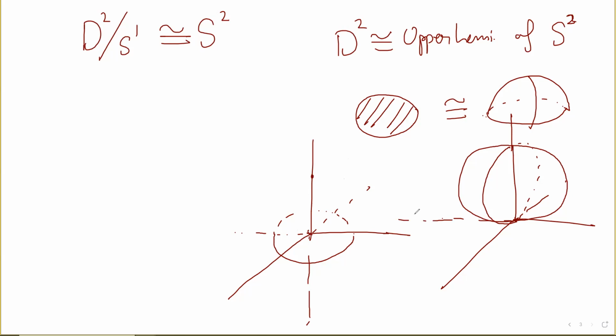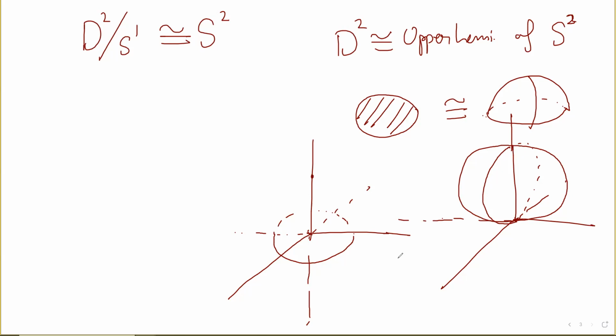So if you do what is called a stereographic projection, we are trying to define a map from S2 to the plane, or from the plane to S2.